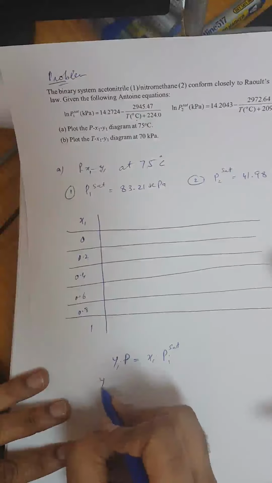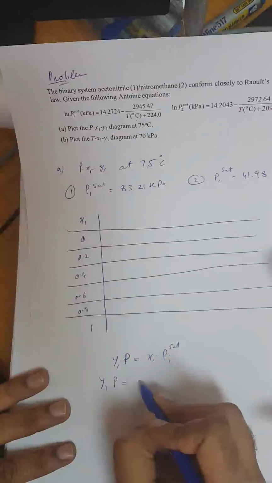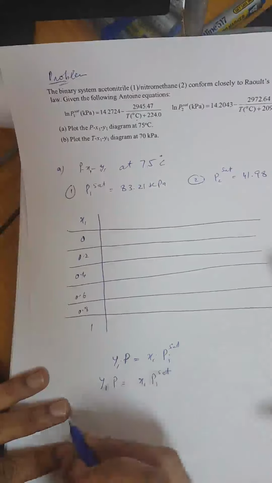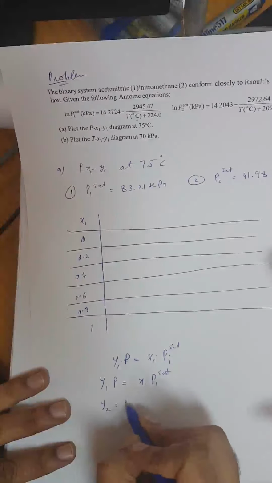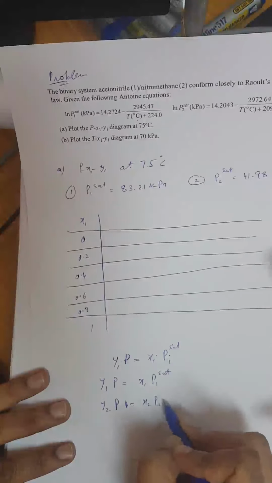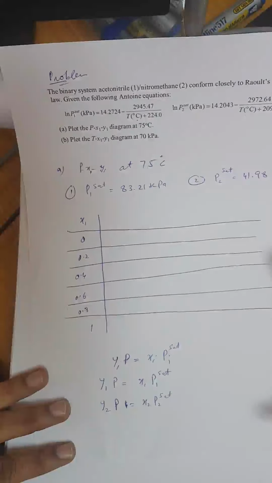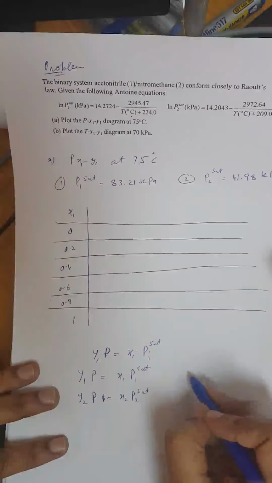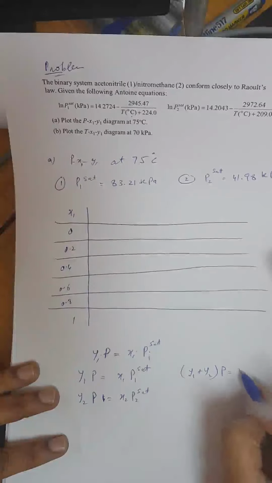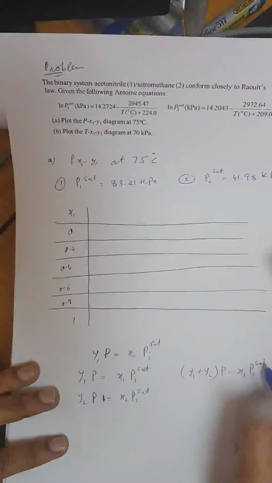So we can write down for one component, Y1 P equal to X1 P1 set, and Y2 P is equal to X2 P2 set. If you sum up Y1 plus Y2, P common, it will be X1 P1 set plus X2 P2 set.